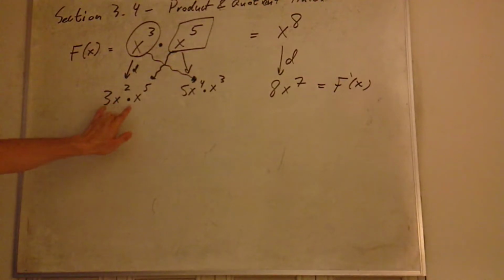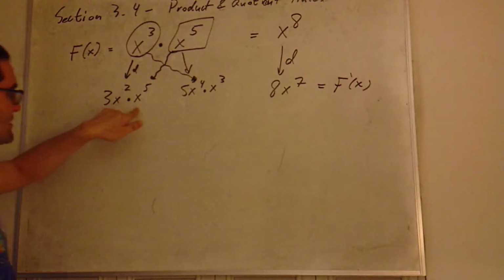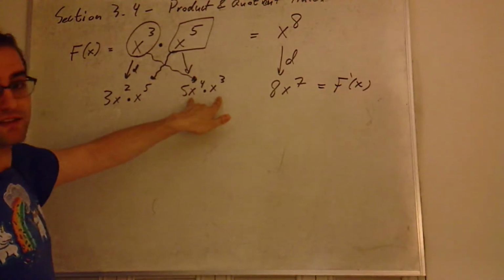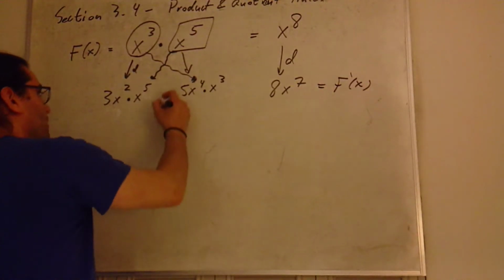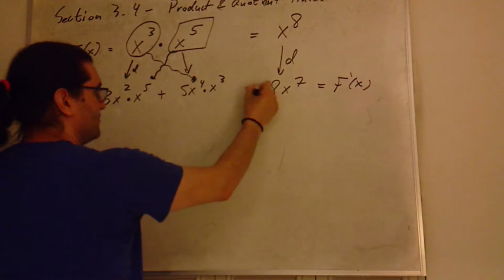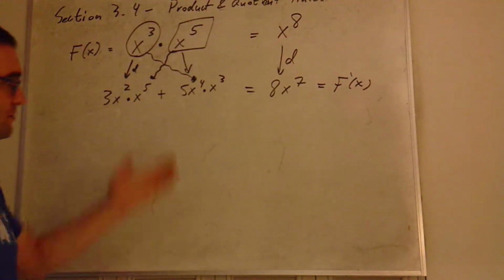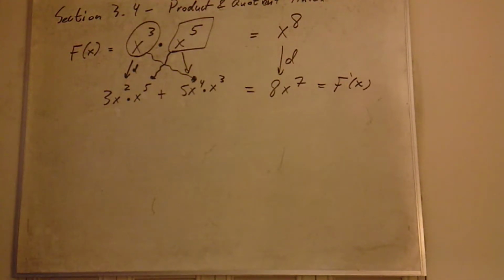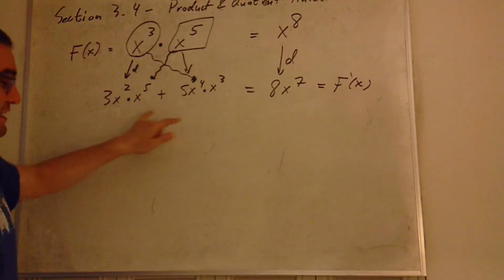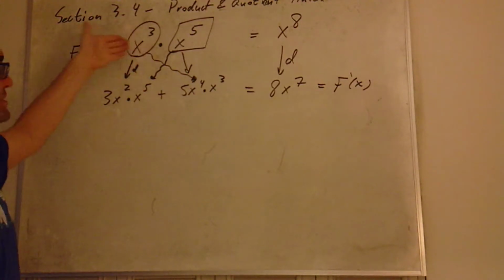If I do this, now I have 3x to the seventh here and 5x to the seventh here, and now I can add them and get 8x to the seventh, which is the correct answer. So here's a technique that worked for this specific problem.